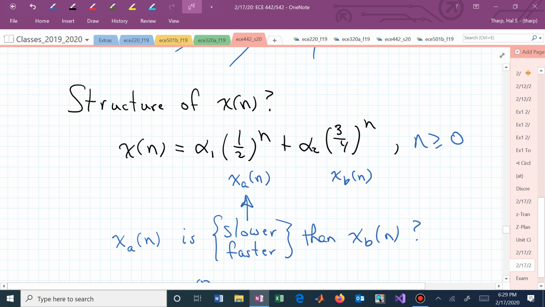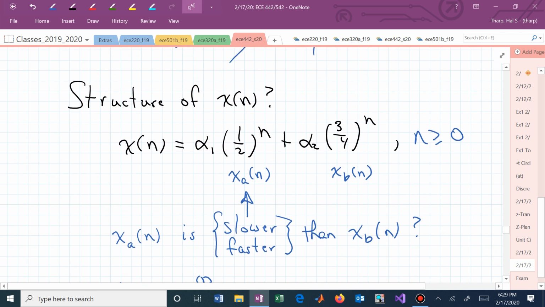So I'm going to count to 3, but now you're comparing these two pieces that make up x of n. X sub a is 1, 2, 3. So faster is down, slower is up.